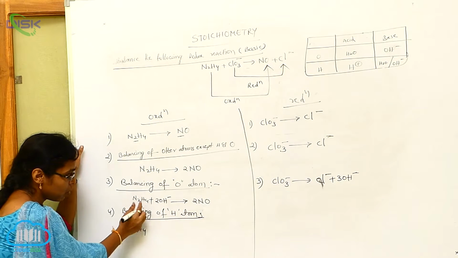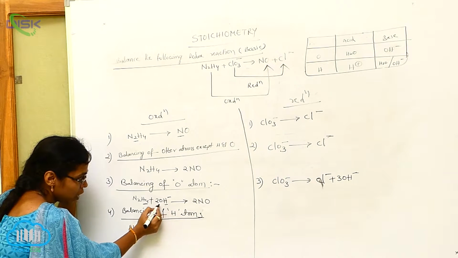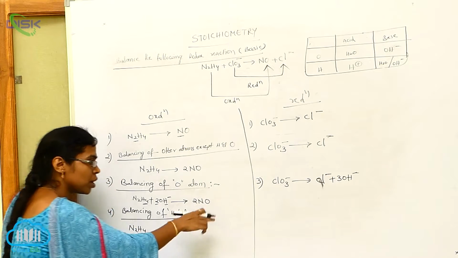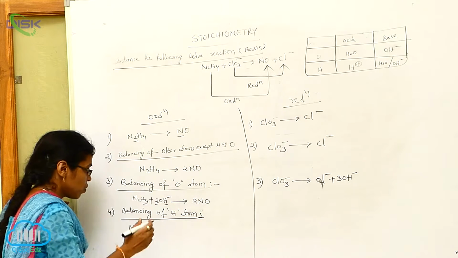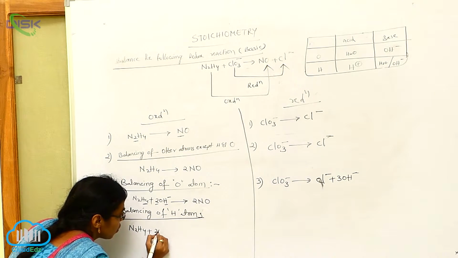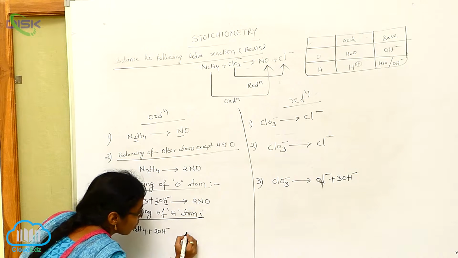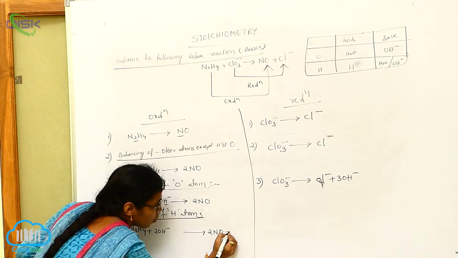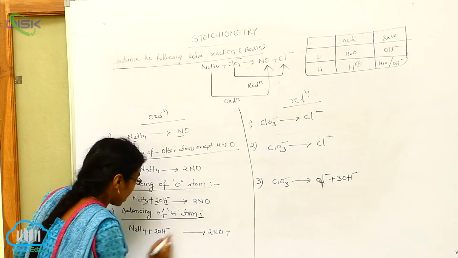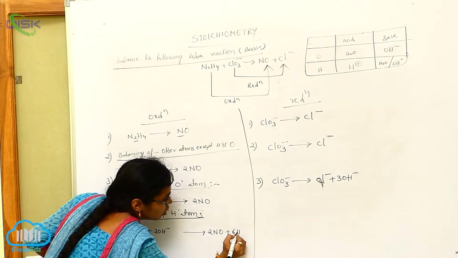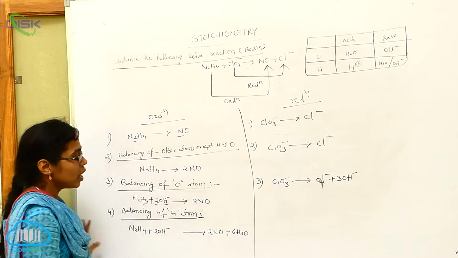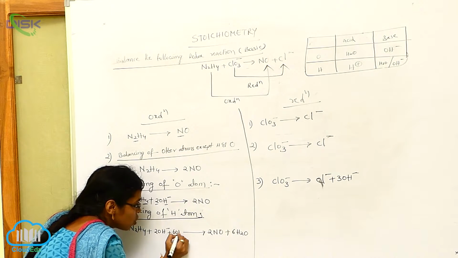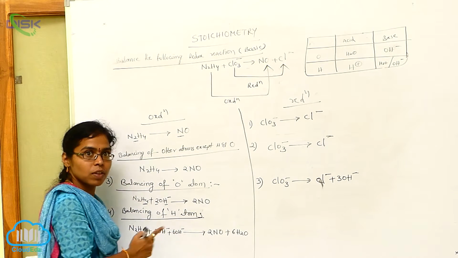Here how many hydrogen atoms? 4. Here how many hydrogen atoms? 4 plus 2, 6. Is there any hydrogen atoms on the right? No. So that's why you have to add 6 water molecules: N2H4 plus 2OH minus gives 2NO plus 6H2O, and on the opposite side you have to add 6 OH minus.